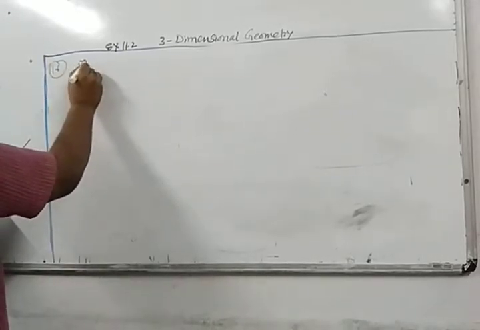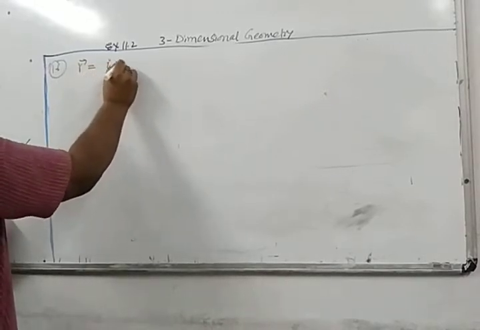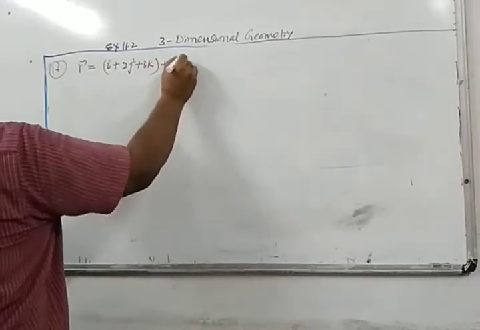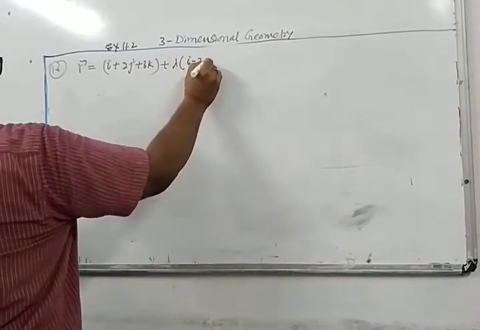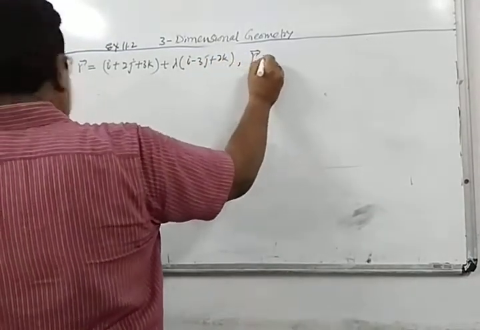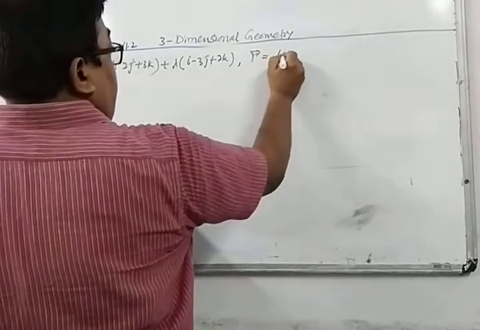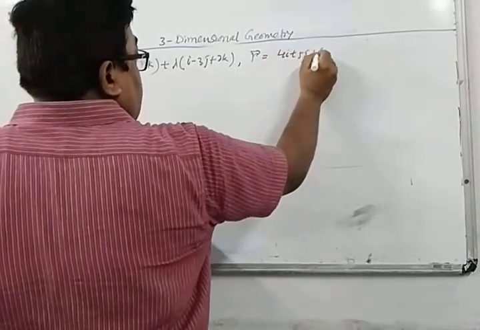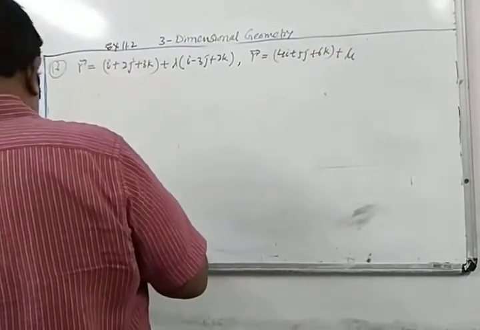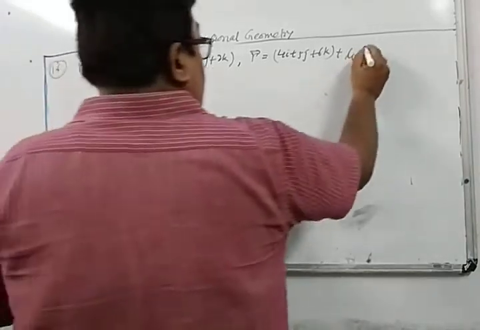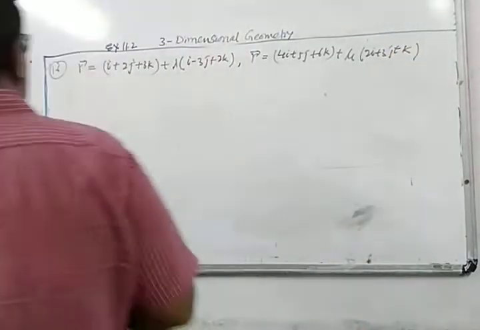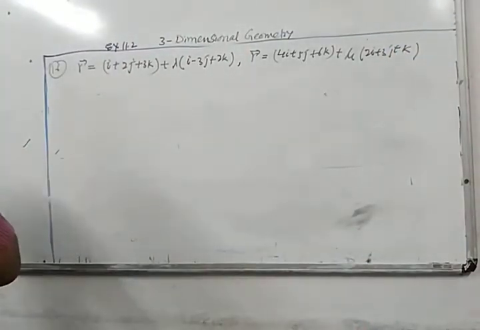The lines are r equal to i plus 2j plus 3k plus lambda times (i minus 3j plus 2k), and the second line r is equal to 4i plus 5j plus 6k plus mu times (2i plus 3j plus k). So this is the vector form of the two lines.